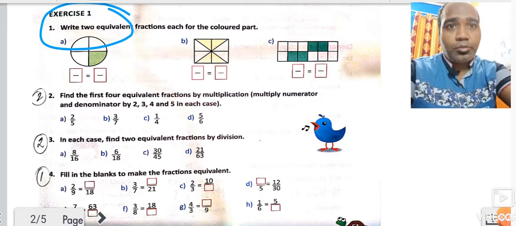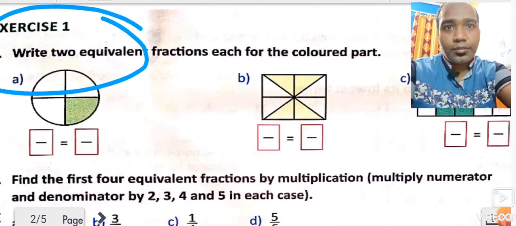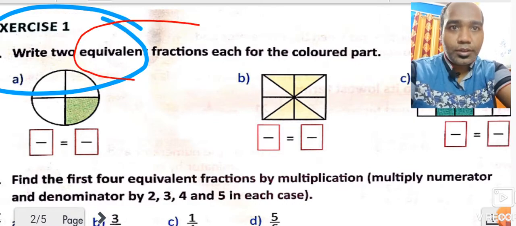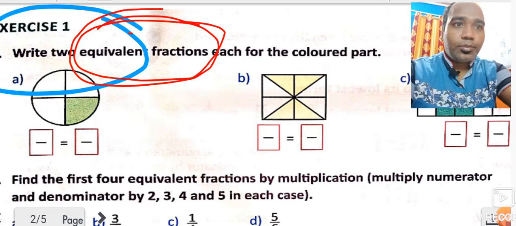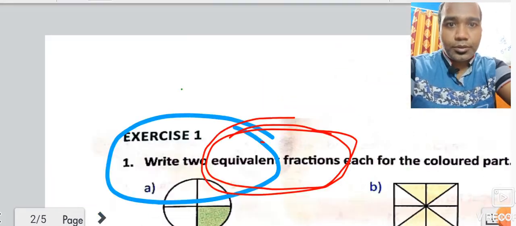Today we are going to discuss equivalent fractions. What is an equivalent fraction? That is what I am going to tell you about.